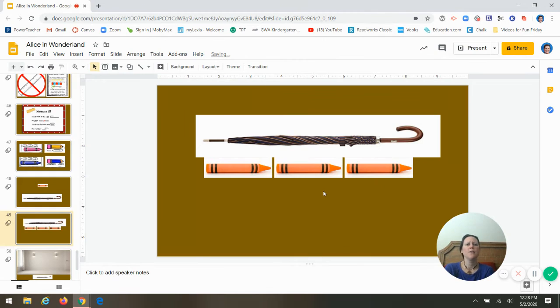All right, so the umbrella is about 3 crayons long, right? We have our line right here and our line right here. Yeah, it's about 3 crayons, right? Okay. Yeah, so we can use a crayon to measure an umbrella because the crayon is smaller. All right.